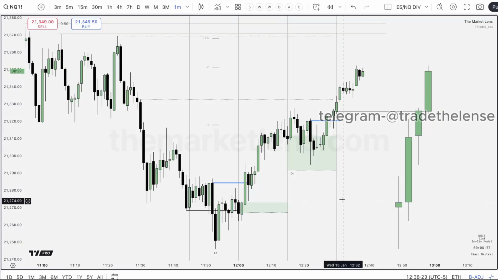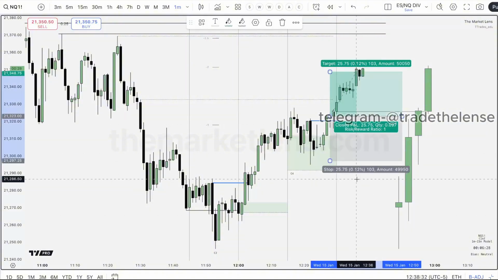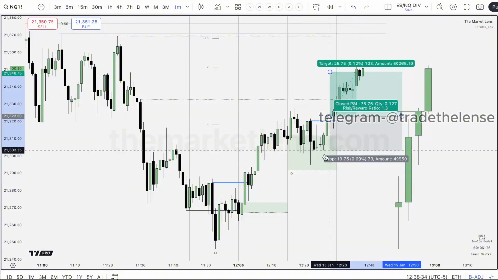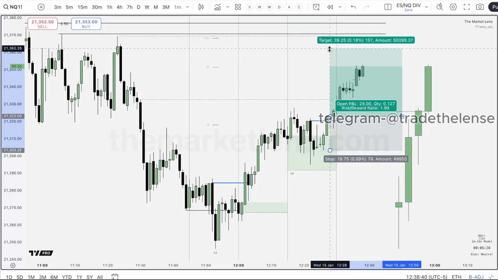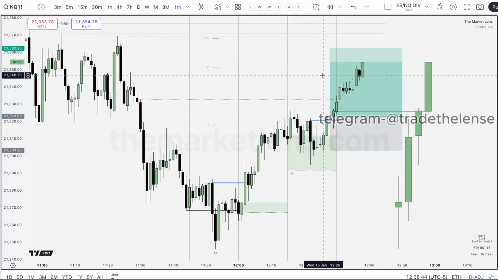Yeah, that's your entry. Now with this type of entry, my stop loss, I'd put it there. So if I'm long in here, I'm just putting my stop loss here. And then looking for my 2R, or holding to the highs here. That would be how I would trade that.